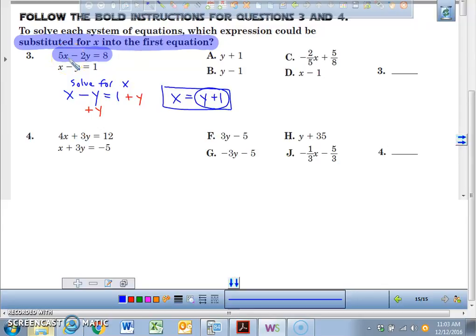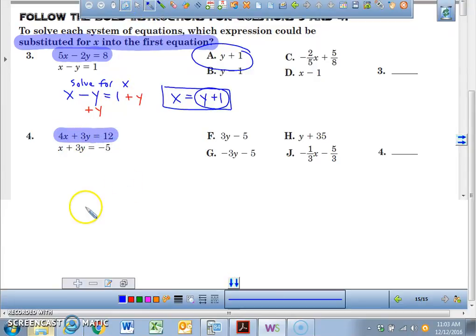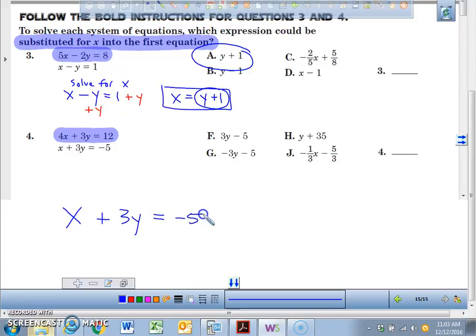Does it ask you to solve it? No, it just says, what do you substitute for the first equation? That's why the answer is A. So if we look at the second problem, problem number 4, we're substituting it into this. So what do I have? I have x plus 3y equals -5. And if I was going to use the process of substitution, what are we going to do? We just have to solve for x.